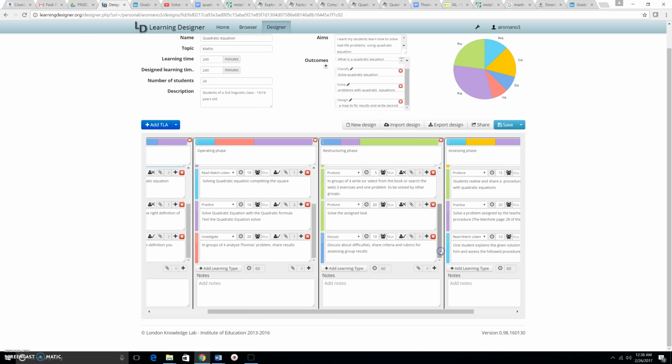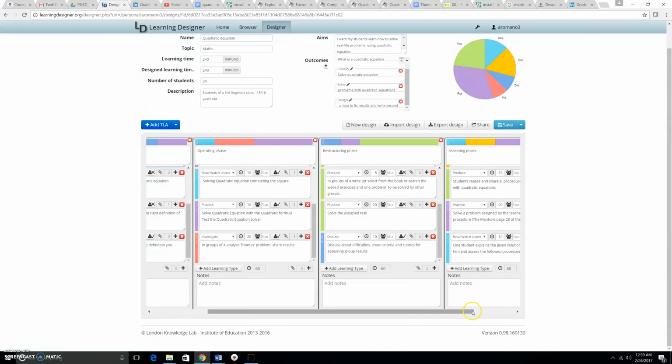At the end of this activity, they discuss if they found some difficulties, and how to evaluate the mates' assignments. So they discuss which criteria to use, which rubrics to write for evaluating group work.